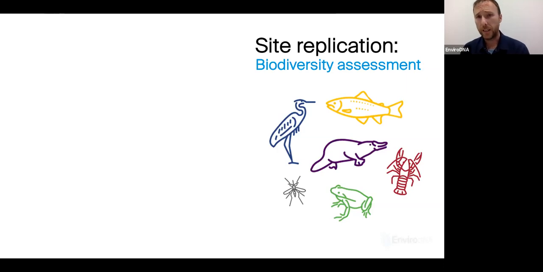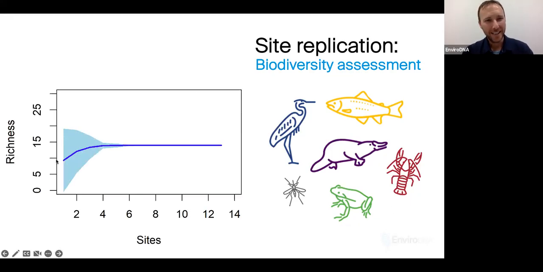Similarly, if we want to look at biodiversity, we want to detect as many species within our river system or subcatchment as we can. In this instance, it's a vertebrate assay. Sorry, I've thrown in a few invertebrates there, but it was really just to show a range of biodiversity. This was some modelling we did recently along a river system.